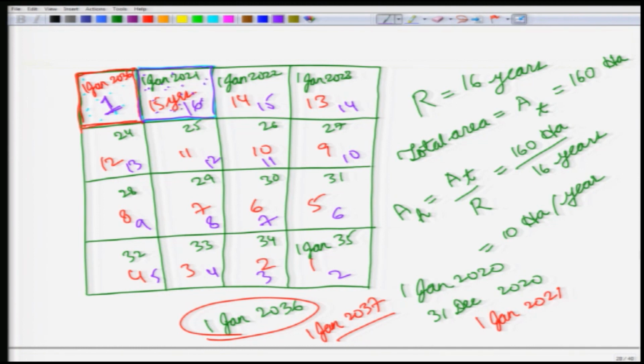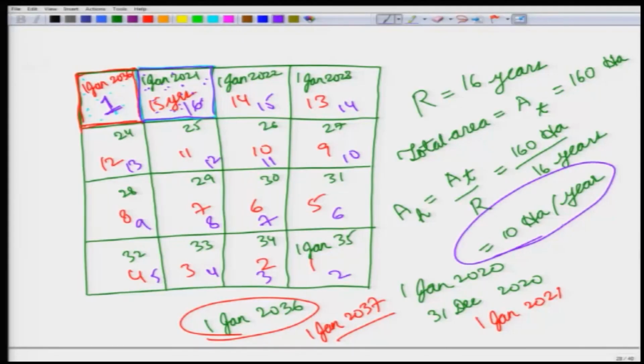So, what we are seeing here is that every year you can fell one section that is of the age of 16 years, and at the beginning of the next year, on 1st of January of the next year, you will again have one section of equal area. The area is 10 hectares. So, all of these sections are 10 hectares.